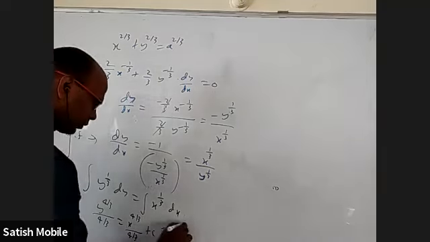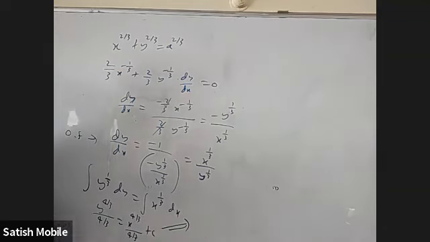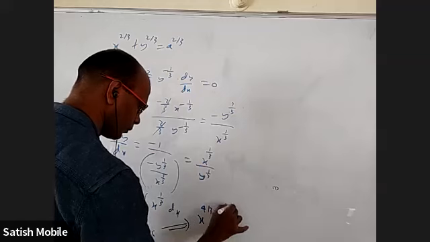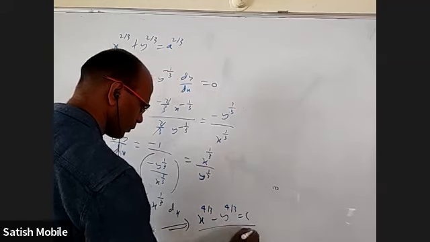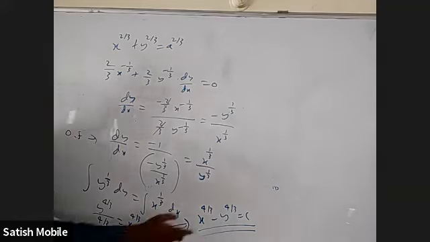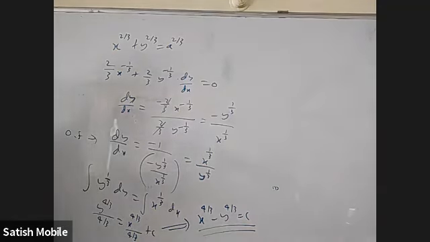So we will get x power 4 by 3 minus y power 4 by 3 equal to constant. This is the original family. This is the orthogonal. Its differential equation is this. This is the orthogonal family differential equation. When we solve it, this is the equation of the orthogonal family or orthogonal trajectory.